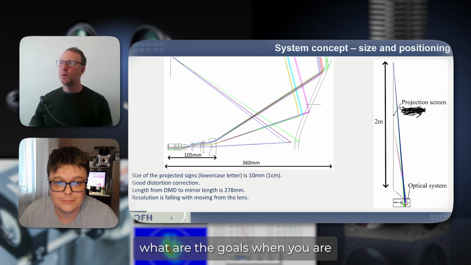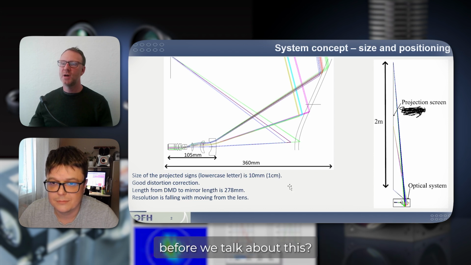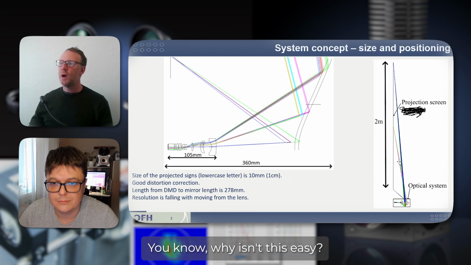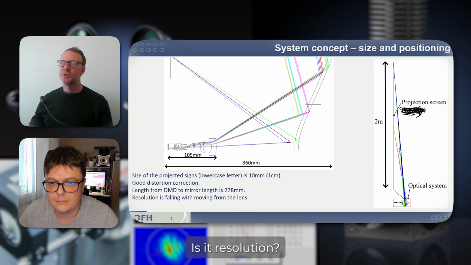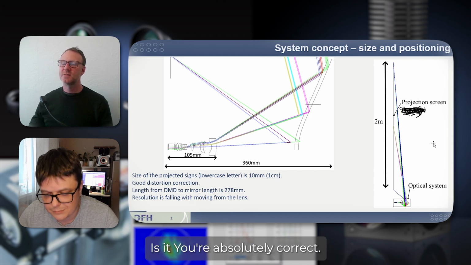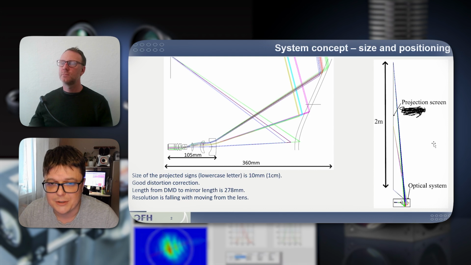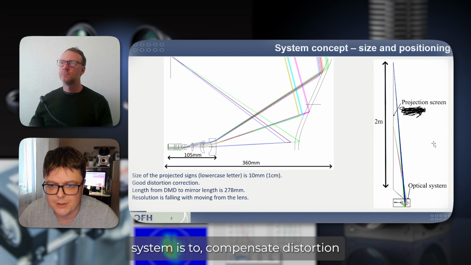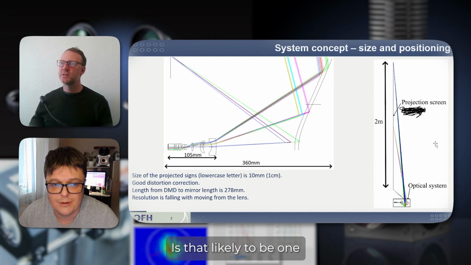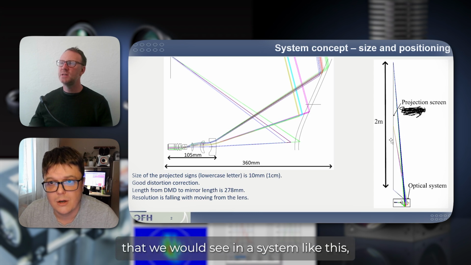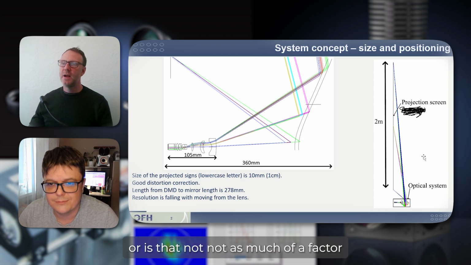And I would say, what are the goals before we talk about this? Why isn't this easy? So what are you trying to accomplish here? Is it distortion? Is it resolution? Is it something else? You're absolutely correct. Two main goals for such system is to compensate distortion and achieve high resolution. And what about chromatic aberration? Is that likely to be one that we would see in a system like this, or is that not as much of a factor?